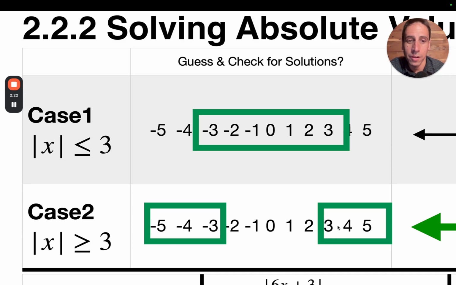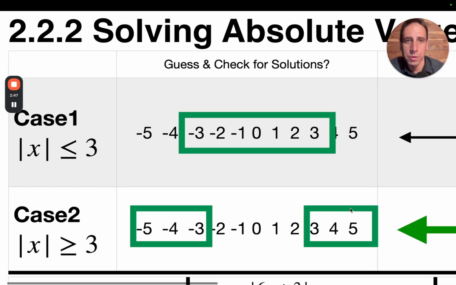So I've green boxed all the numbers. Anything less than, or even anything greater than, like -100 or +100, are also going to work in case 2 here and not case 1. So these green boxes continue on. If you were to extend these numbers that we're guessing and checking, they would also work in anything less than -5 or anything greater than 5 over here.